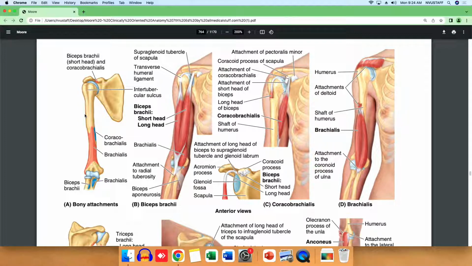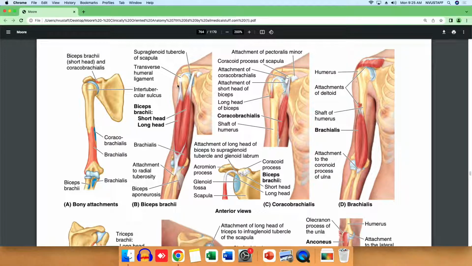So why bicipital groove? Because the long head of the biceps brachii is literally represented here, because the tendon of that long head is residing in this longitudinal invagination. As a result, not only intertubercular sulcus, but we also name it bicipital groove. So that's also a correct name.